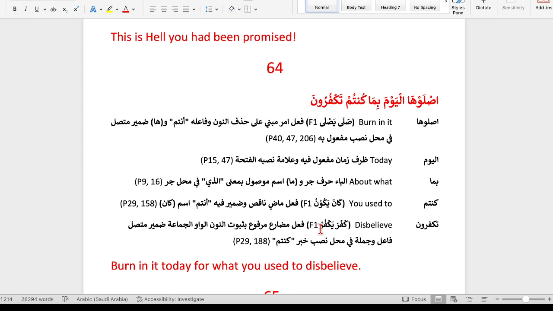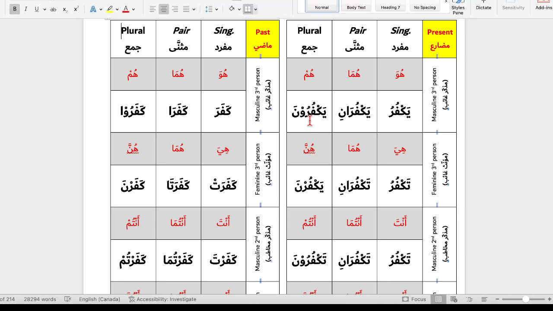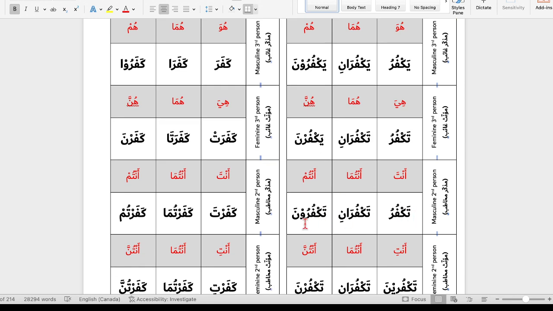Huwa yakfuru, huma yakfurani, hum yakfuruna. Hiya takfuru, huma takfurani, hunna yakfurna. Anta takfuru, antuma takfurani, antum takfuruna. So page 188. You see here, yakfuru, yakfurani, yakfuruna, takfuru, takfurani, yakfurna, takfuru, takfurani, takfuruna.